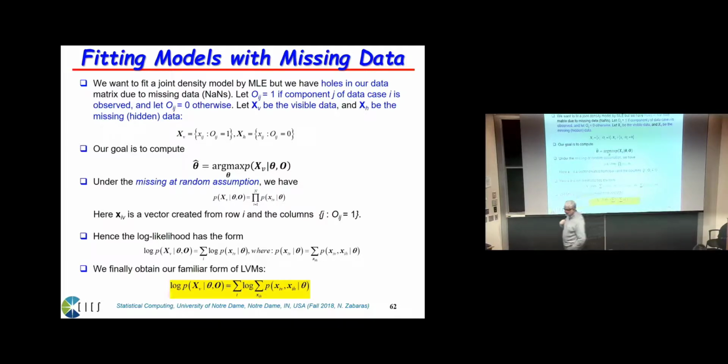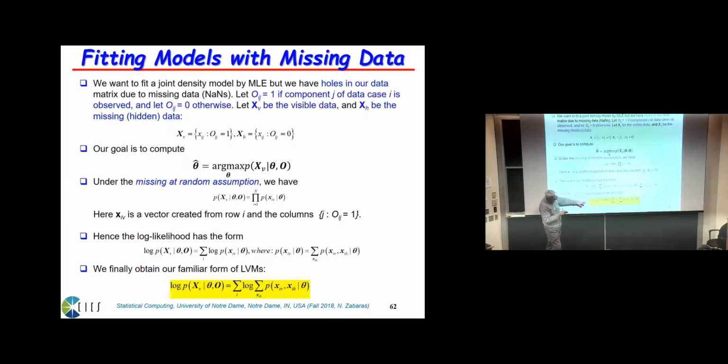So here's the idea. Since I have hidden variables, X_h, how about if I try to use an EM type approach, and I write my visible variables' likelihood as a summation over the hidden variables of the joint distribution of visible and hidden, integrating the hidden variables out.